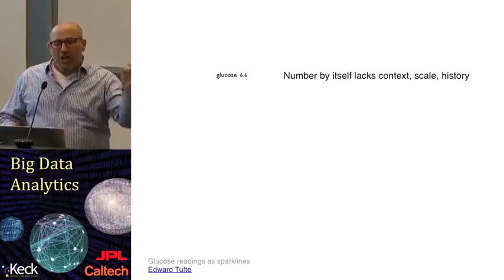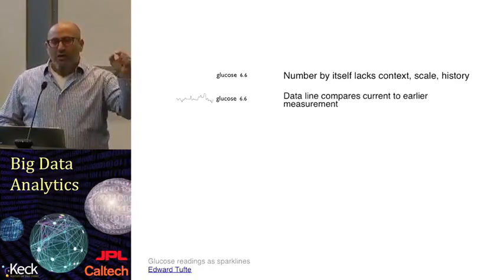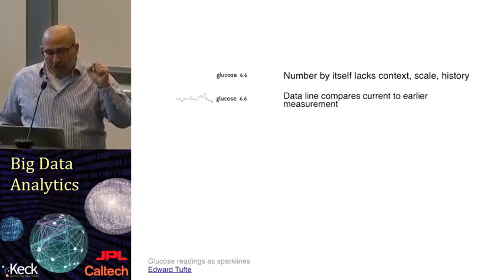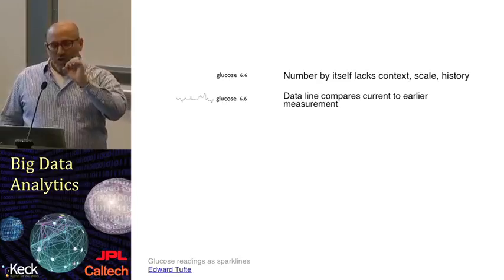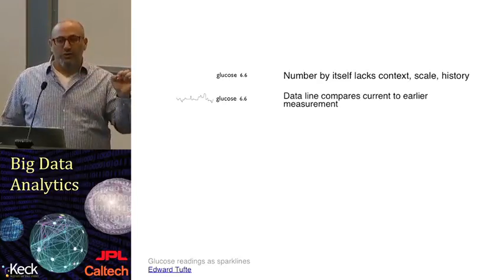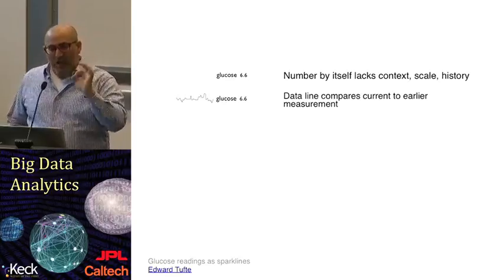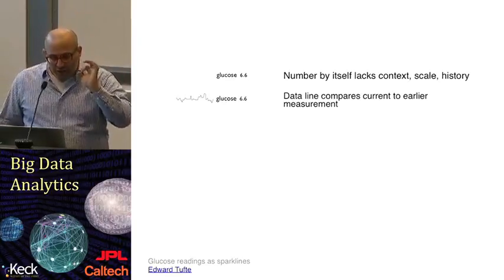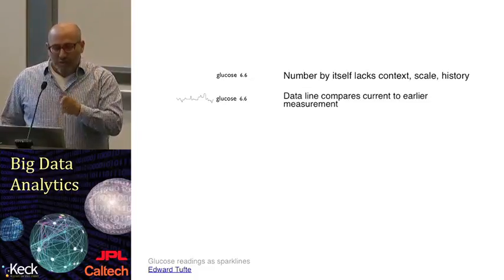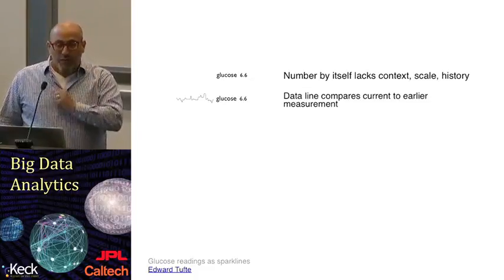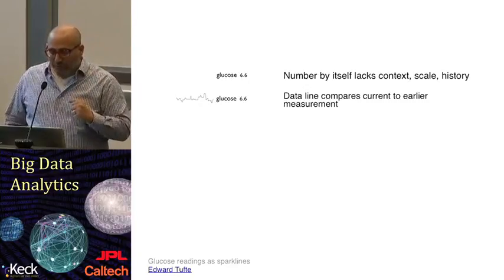So we can change this in line in the document by adding a very small line graph that would show the data value 6.6 and compare it to earlier measurements. What you can see now is that the same number actually has a history and can show you that for this particular person, there was a peak at some point halfway through that history, and it's now at more normal levels.